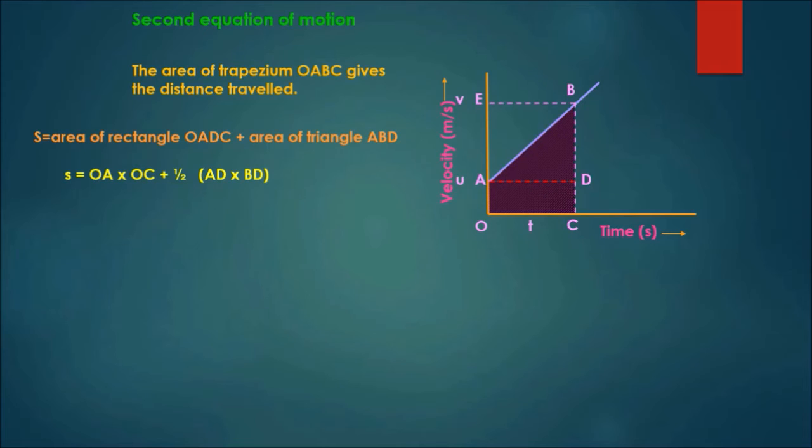Now we will write down the formula for the area. Area of rectangle is length into breadth, whereas area of triangle is half into base into altitude. So total distance is written as area of rectangle, which is OA into OC plus area of triangle half into AD into BD.